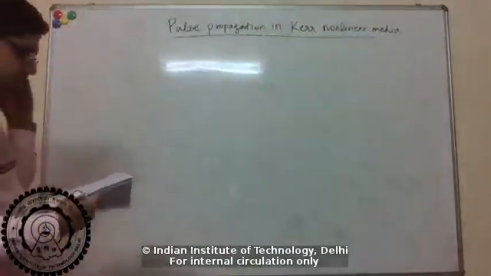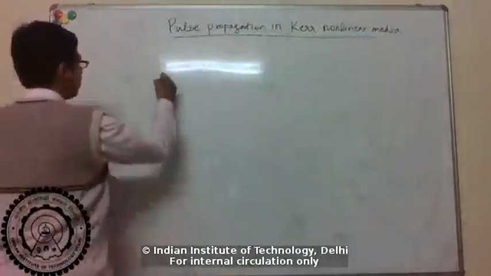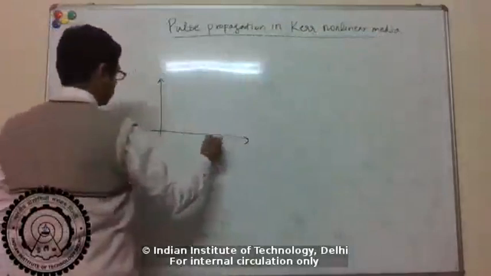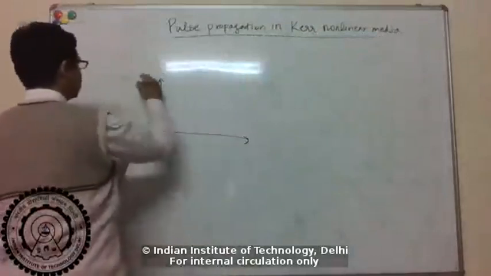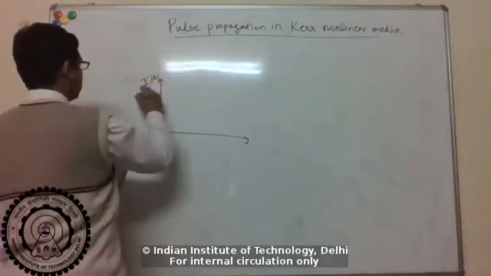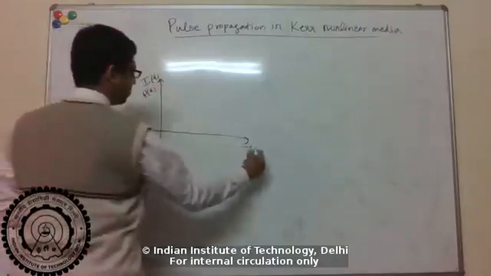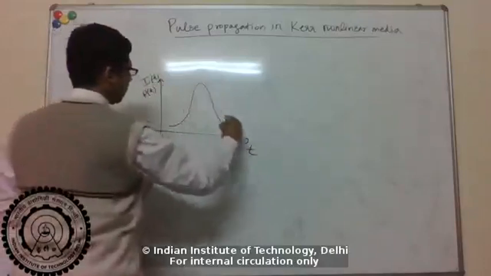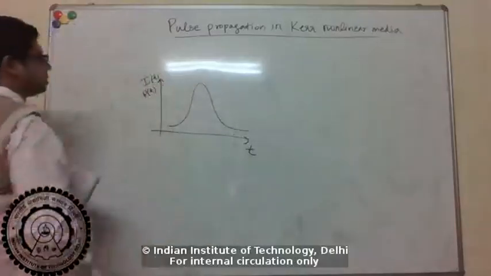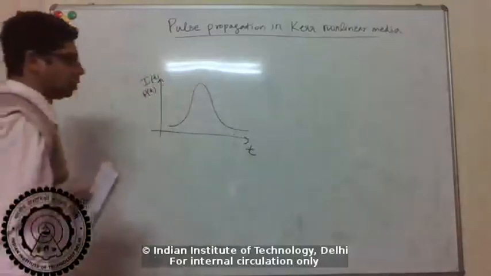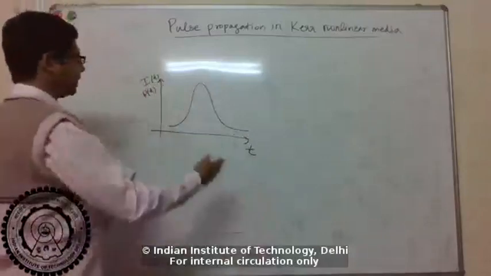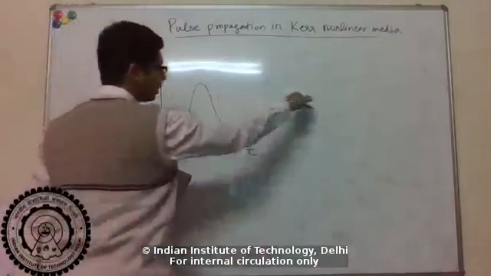Let's first look at what we mean by optical pulses. What we mean is that the intensity, or equivalently the power, as a function of time has some finite duration. A monochromatic field would be a CW field where the intensity is constant with time.